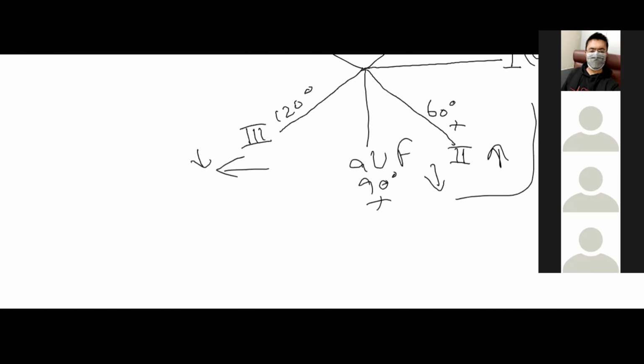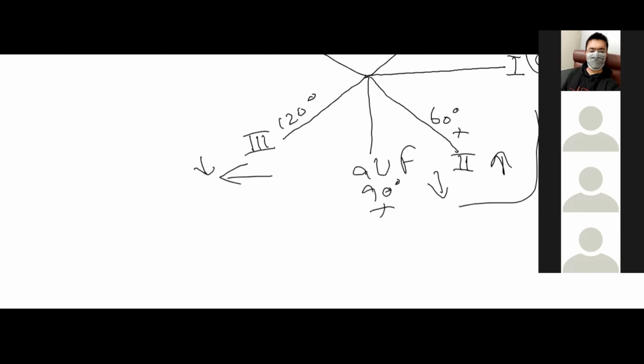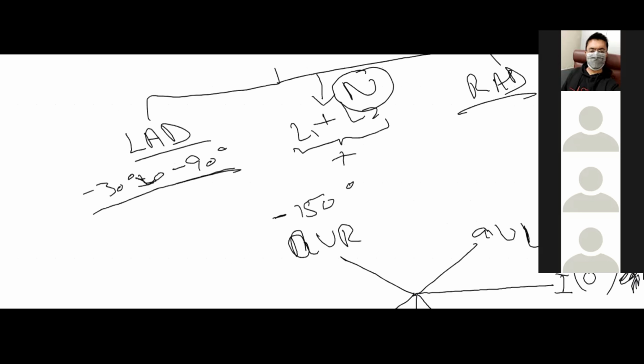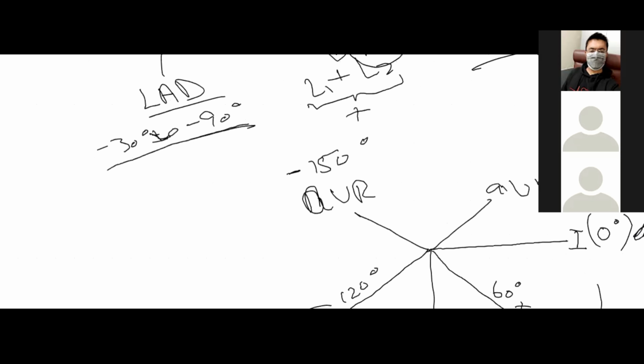So in left axis deviation, lead 1 is positive, and lead 2 and lead 3 will be negative.